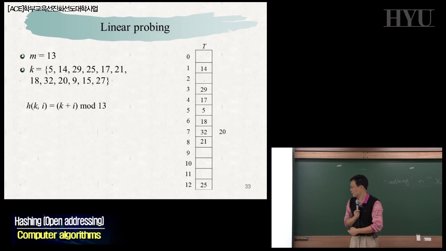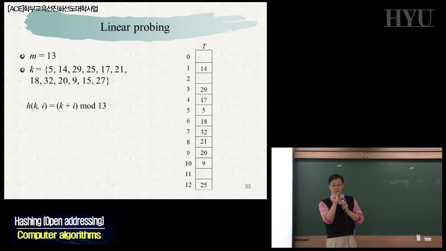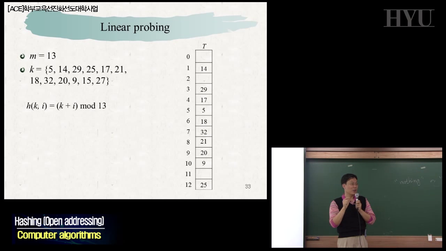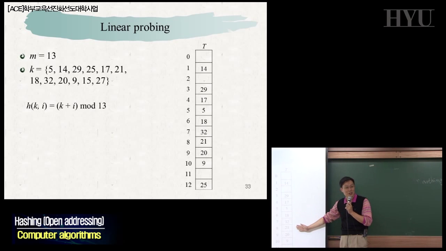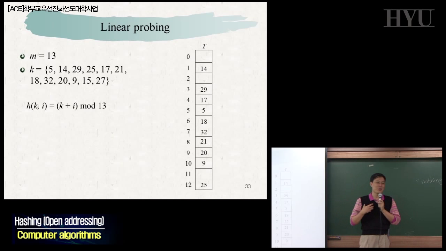No. So, even though we have only one collision, collisions are infectious. If there is a collision in a slot, its adjacent slots suffer collisions.